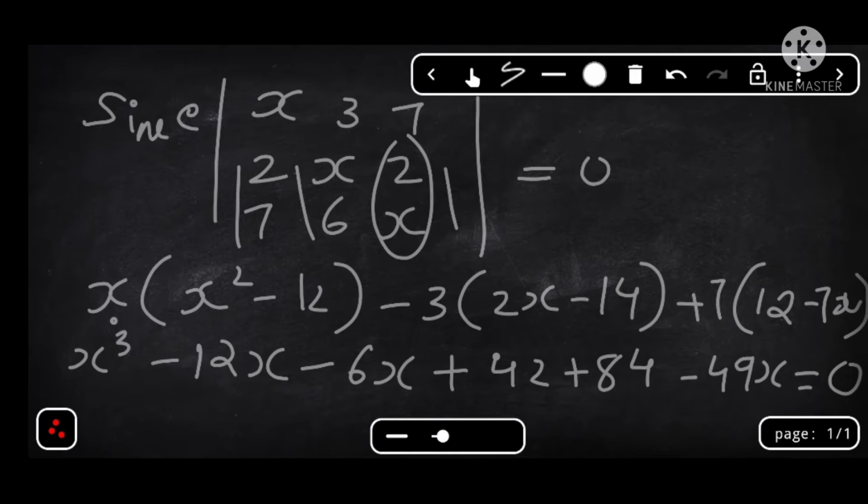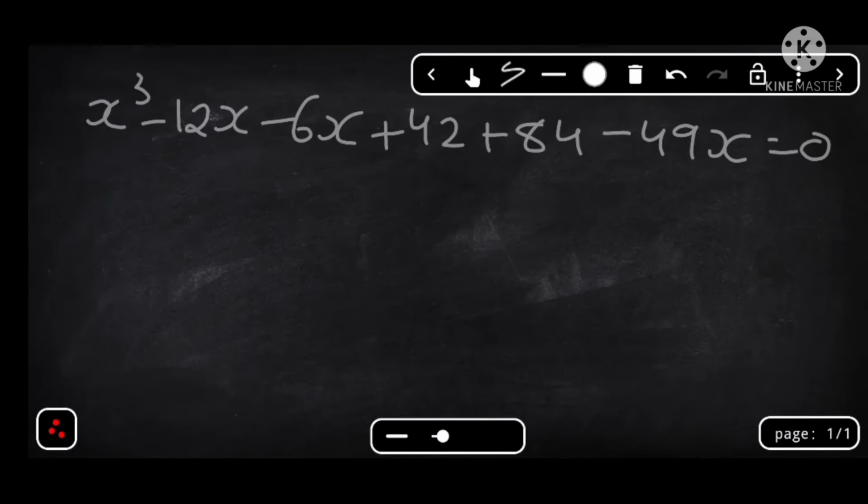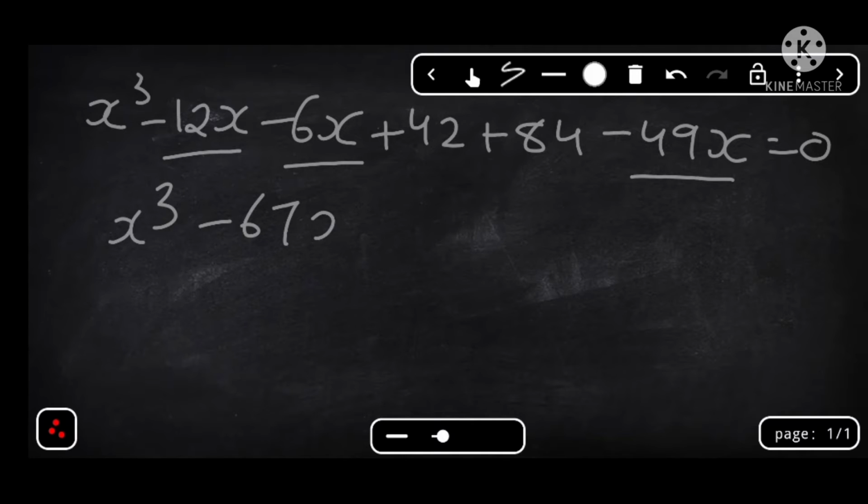Okay, now we can simplify these terms. So here minus 12x minus 6x will give us minus 18x, and minus 18x minus 49x will give us minus 67x.